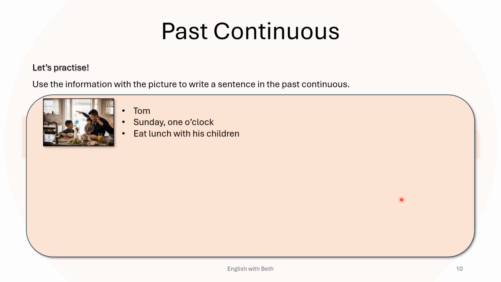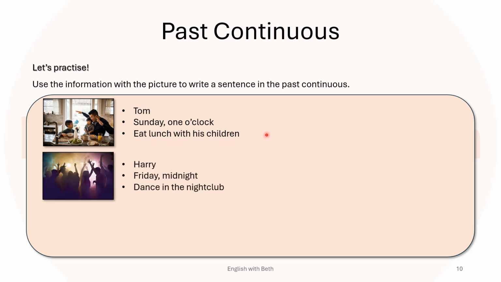Now it's your turn. So here we have a picture of Tom. So the subject of the sentence is Tom. The time is Sunday at 1 o'clock, and the action is eat lunch with his children. Here we have Harry.